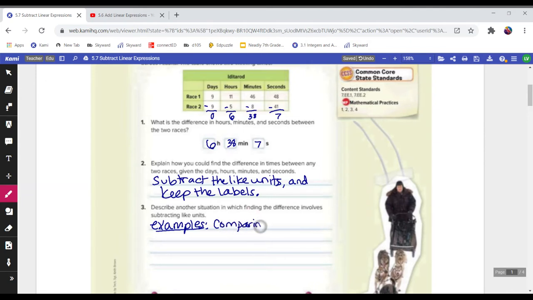I would have the example of comparing ingredient amounts in a recipe, such as cups of flour and teaspoons of vanilla.